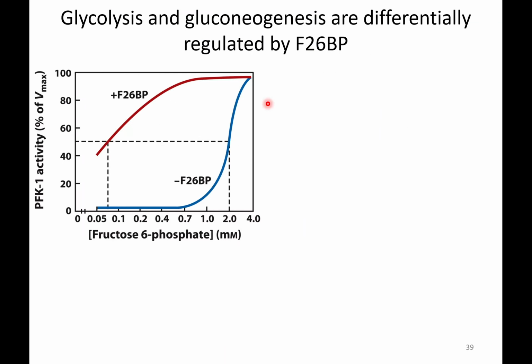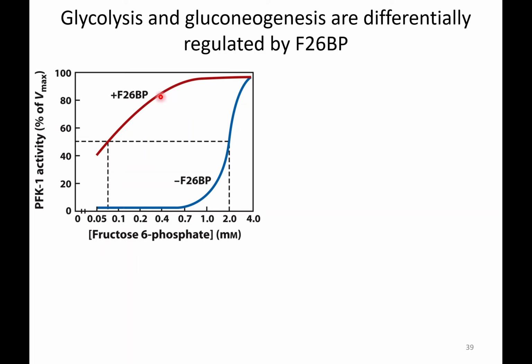So if we look at the rate of, in this case PFK1, so glycolysis, by varying the concentration of fructose 6-phosphate, its substrate. Without any fructose 2,6-bisphosphate around, you can see that this blue curve shows this enzyme doesn't bind its substrate as tightly, and the rate is much lower.